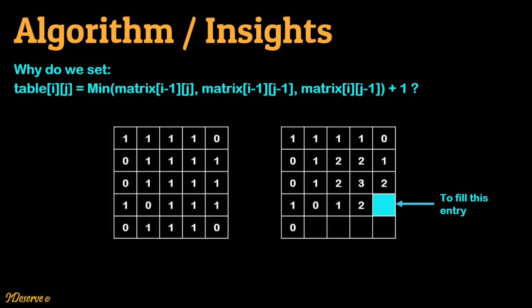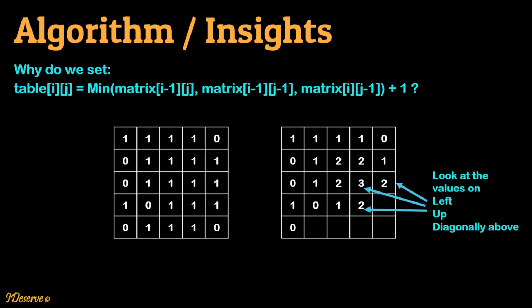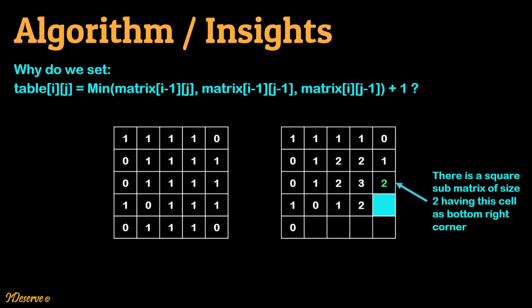Now let's understand why do we set table ij as minimum of table i minus 1 j, table i minus 1 j minus 1 and table i j minus 1, plus 1. Consider the highlighted entry which we have to fill now. Look at the values on left, up and diagonally above entries. Now have a look at the entry in the green. What does it signify?